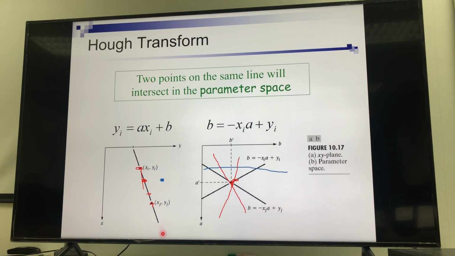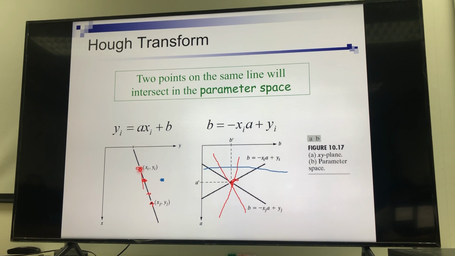If you change the axes to a and b, for every point xy that goes in, you're going to get one straight line. And all these straight lines are supposed to intersect at the same point a and b. Can you see that?